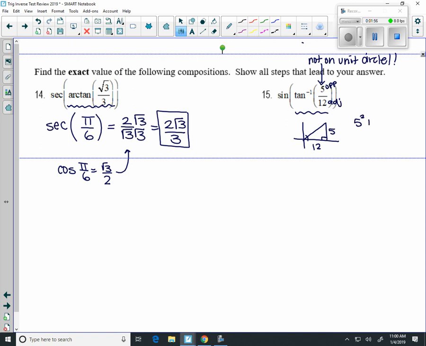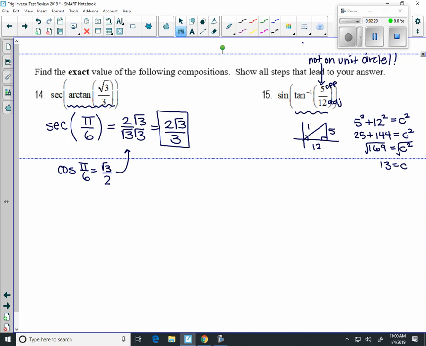So 5 squared plus 12 squared, 25 plus 144, 169 is my c squared. Square root of both sides here, square root of 169 is 13.